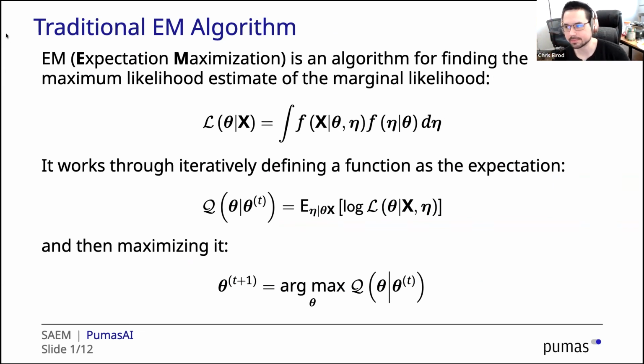Okay, so first I'll just introduce everyone to the traditional EM algorithm, but also the point, of course, of algorithms like FOCE and Laplace I in Pumas is that you want to estimate the marginal likelihood. We have these models where we have a lot of random effects, which we represent here by eta, that we consider to be nuisance parameters and therefore are not particularly interested in estimating.